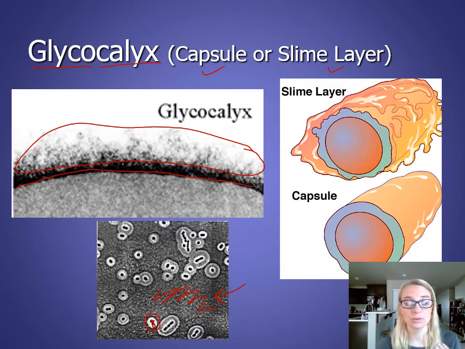So a bacterium without a capsule would not likely do a good job of being a pathogen in our mouth because it can't stick to that really smooth enamel. But the bacteria that can cause cavities have capsules and they stick to that really smooth surface on our enamel, and that allows them to degrade our enamel and cause cavities, which is the disease of breaking down your teeth's integrity.